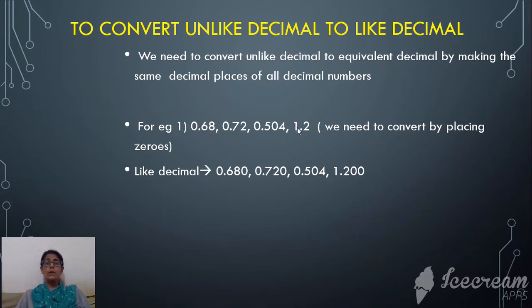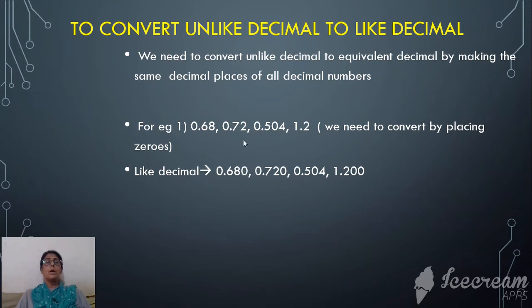In one number there are 3 decimal places. So we have to convert all the numbers to 3 decimal places. So the first number, 0.68, we have placed a 0 here. So it becomes 0.680.